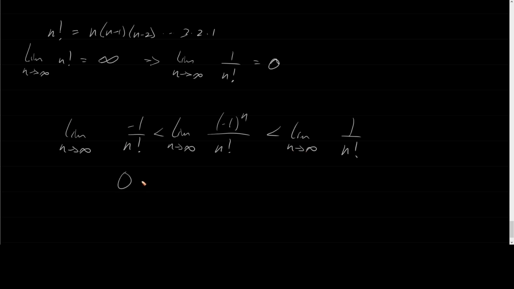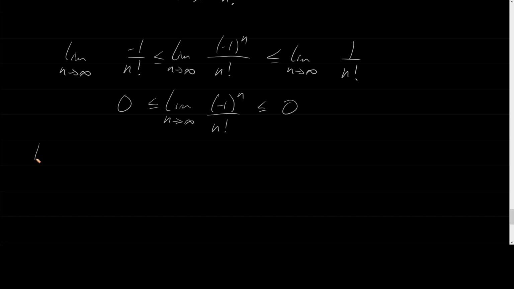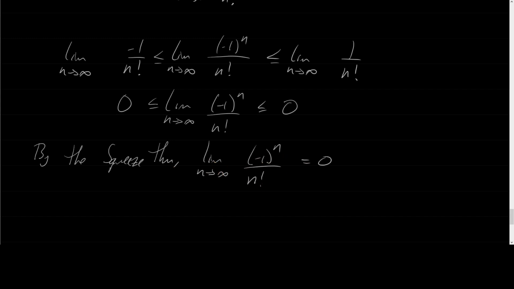On the left side I have 0, and 0 is less than or equal to the limit as n goes to infinity of (-1)^n over n factorial, and this side is also 0. So what does that tell me? That tells me that by the squeeze theorem, the limit as n goes to infinity of (-1)^n over n factorial is also equal to 0. All right.